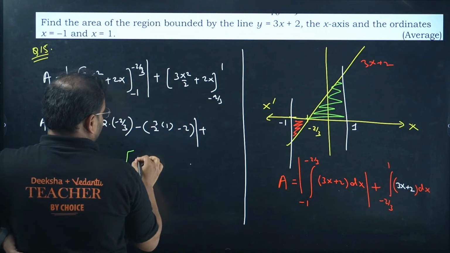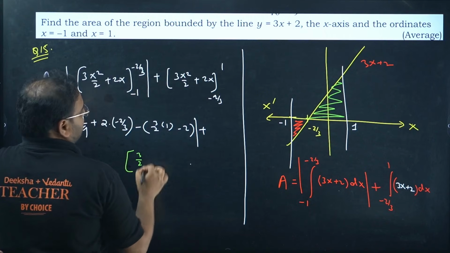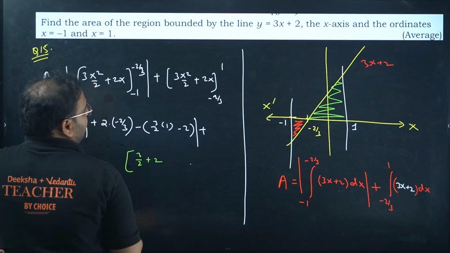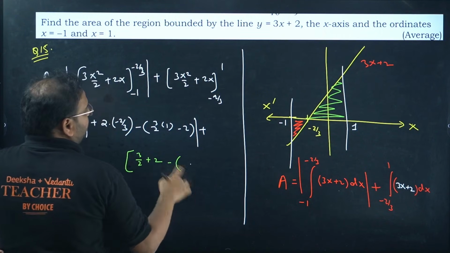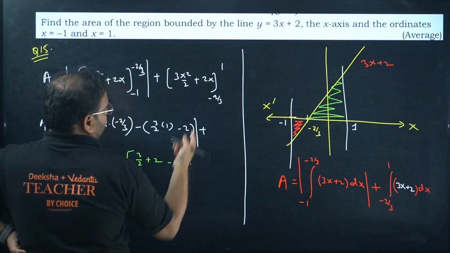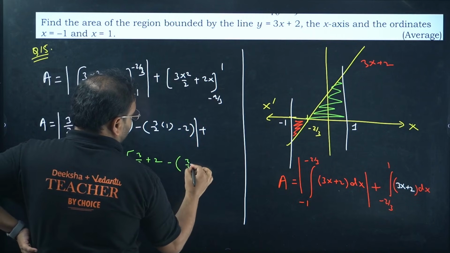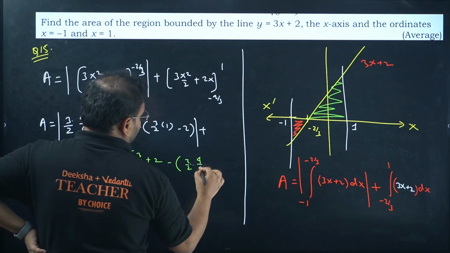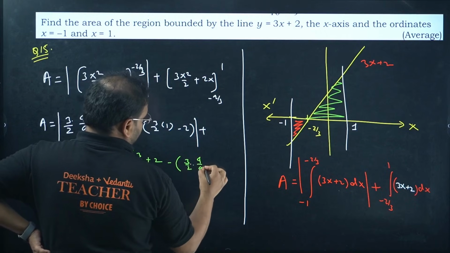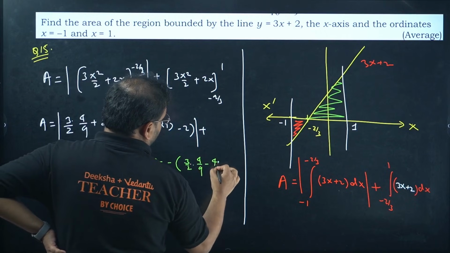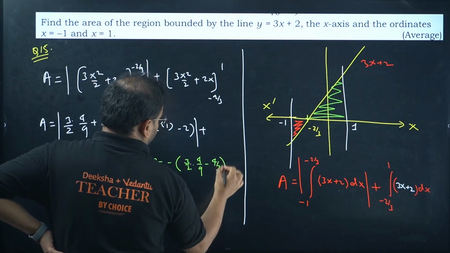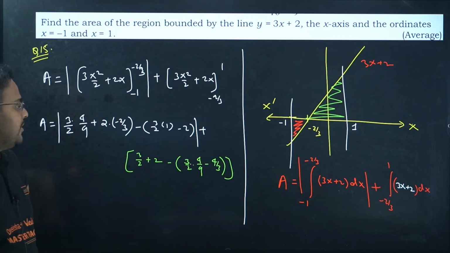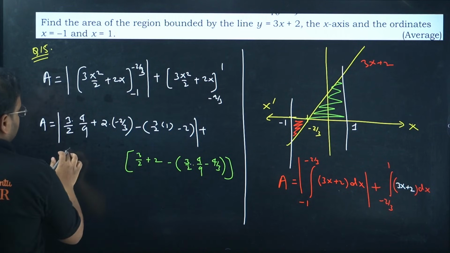If you put 1, you'll get 3 by 2, plus 2 for the 1, and for the lower limit the minus sign will come with the modulus, you'll get 3 by 2 into 4 by 9, and minus 4 by 3. Am I correct? Please check. 2 into 2 is 4, so minus 4 by 3. Something is getting cancelled, I hope.